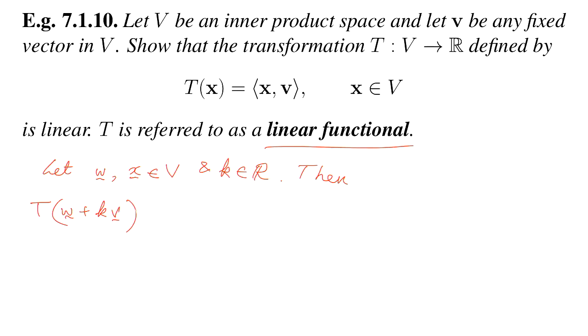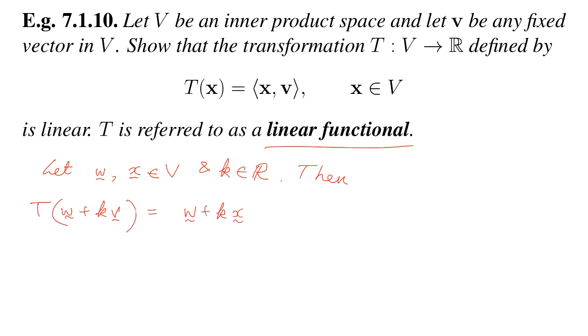Then you've got linearity. So what's the inner product? Sorry, what's T of W plus KV? Well, and actually I'm fixing the second argument here, but by symmetry it doesn't matter, but let's say we're fixing the second one.